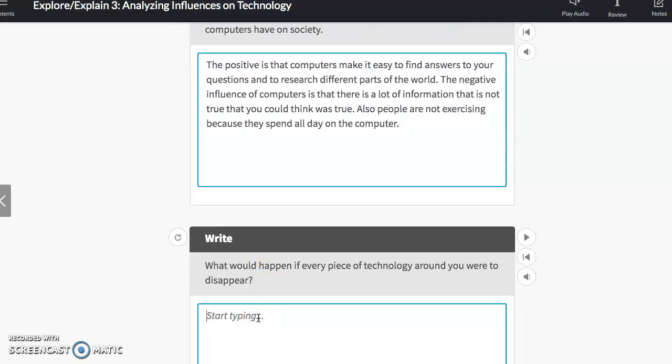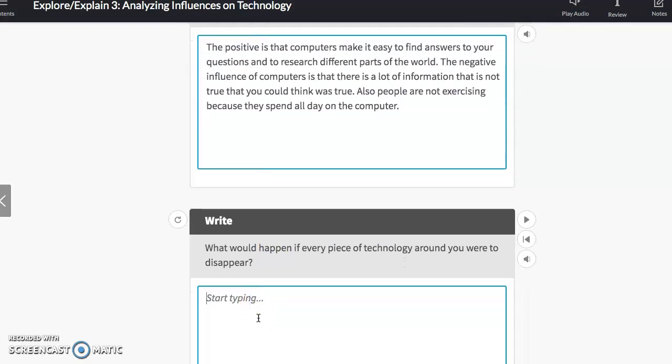What would happen if every piece of technology around you were to disappear? I think that if technology disappeared, it would be harder to do my homework or see my friends and family that live far away.